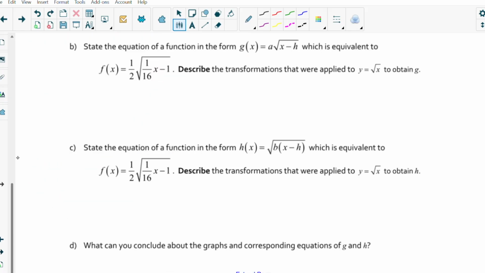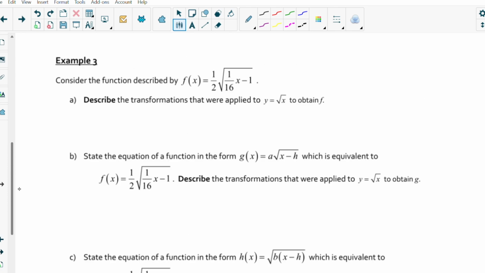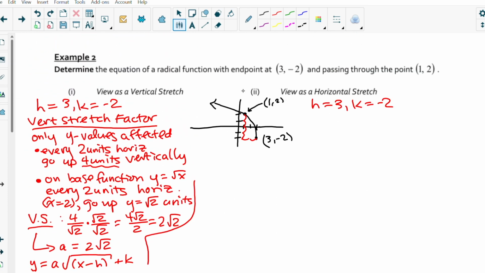Sorry about that. B value is -1. That's very important. How do I know it's -1, folks? Because which way is this pointing? It's pointing to the left. If it's pointing to the left from our base function, remember our base function starts here. If it points this way, that means there's been a reflection about the y-axis. Okay, so I forgot about that here. And that should have been a given in the beginning.